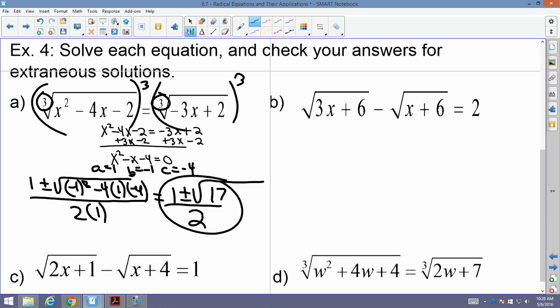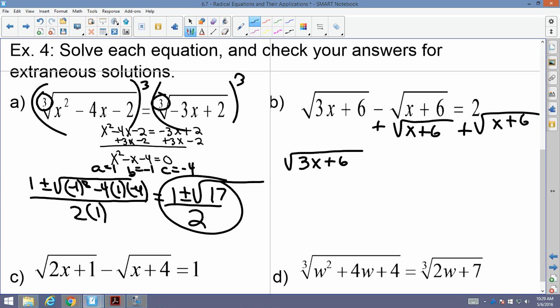Now, for B, we're going to get a little sticky here. For B, I first have to isolate one of the radicals. So me personally, I like working with positive things. So I'm going to add square root of x plus 6 to both sides. This is going to give me the square root of 3x plus 6 equals 2 plus the square root of x plus 6.